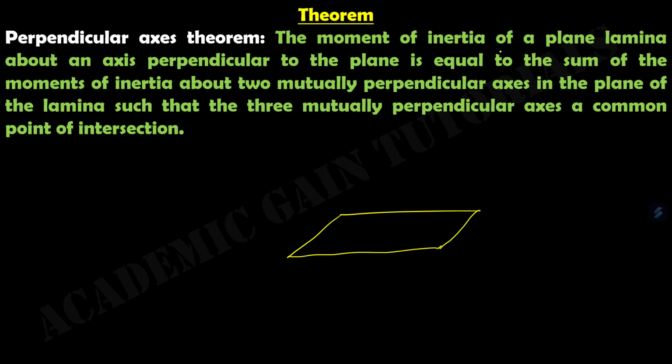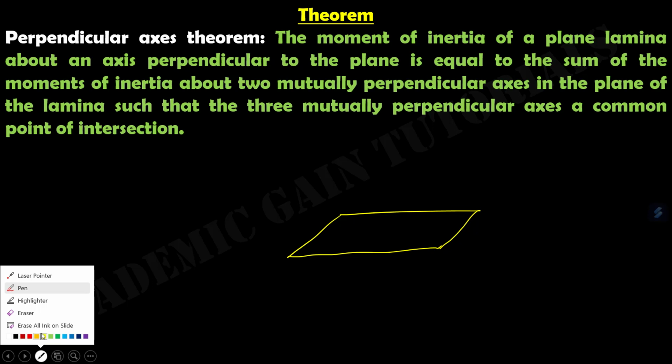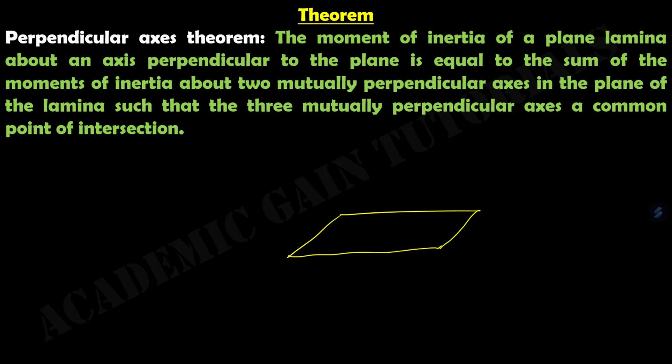So we have the moment of inertia of a plane lamina about an axis. So we have to draw an axis, and we have to find the moment of inertia about this axis, OZ.